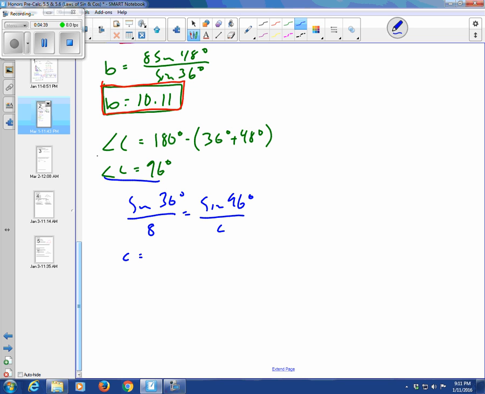That gives us c as equal to 8 sine of 96 degrees over sine of 36 degrees, and that gives us our side little c as 13.553.